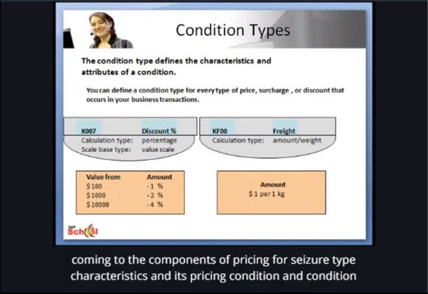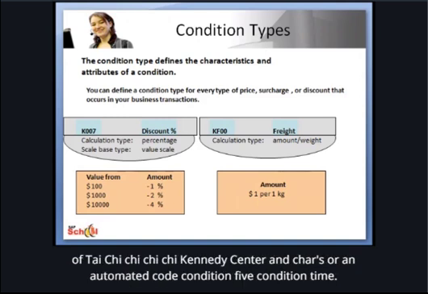Coming to the components of the pricing procedure, the first one is the condition type. This is what defines the characteristics and attributes of a pricing condition. The calculation type and the scale type can be defined for each condition type. It can be set up as an automatic surcharge or an automatic discount condition type.